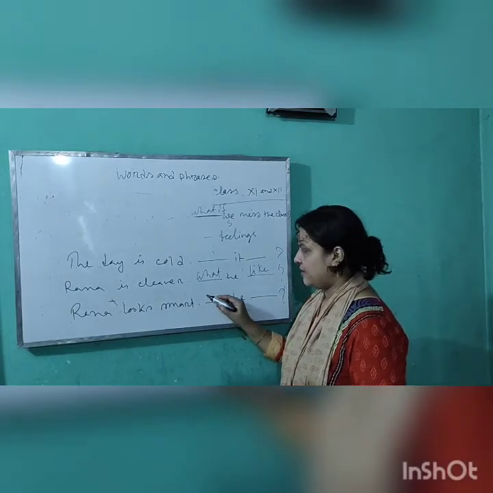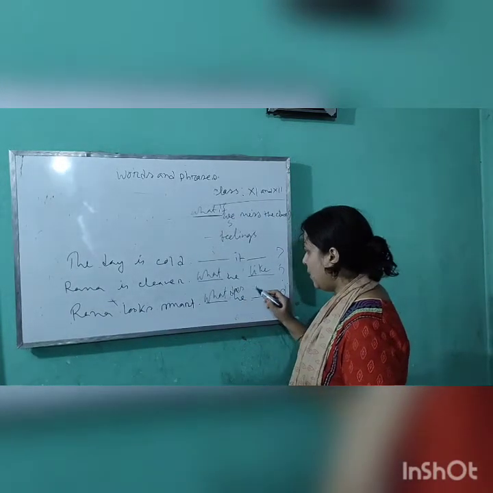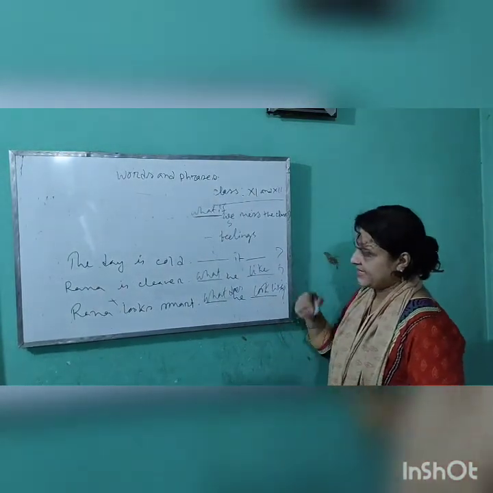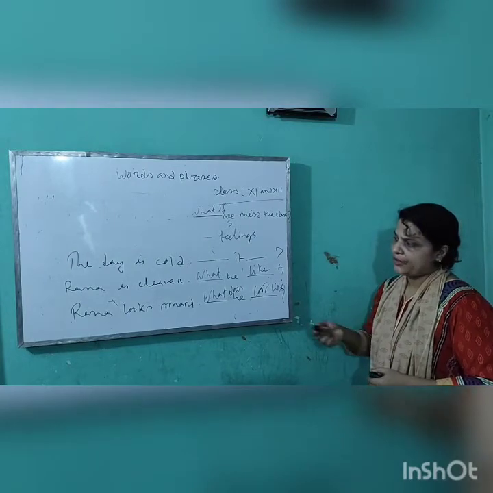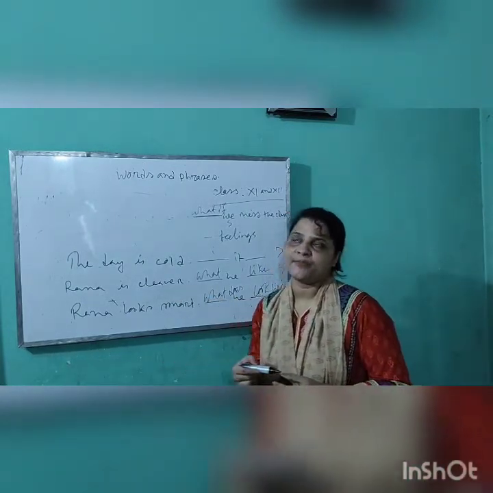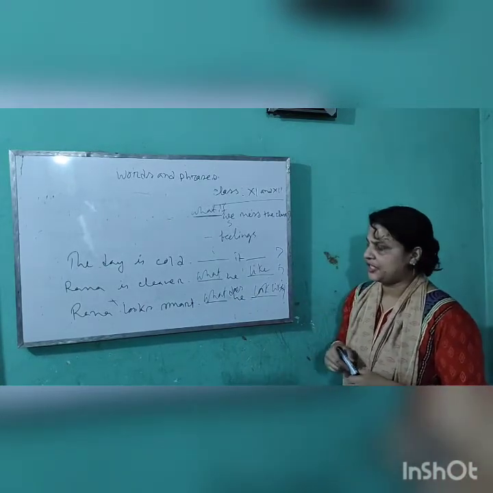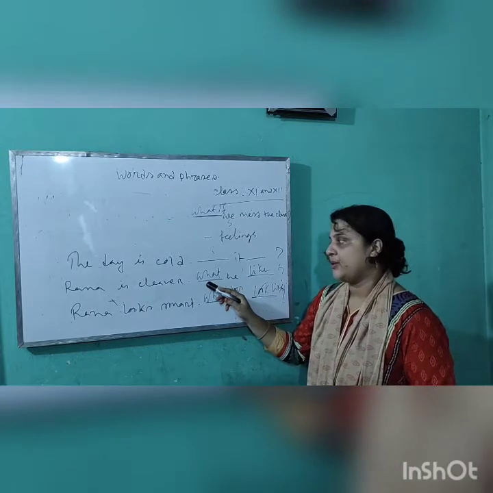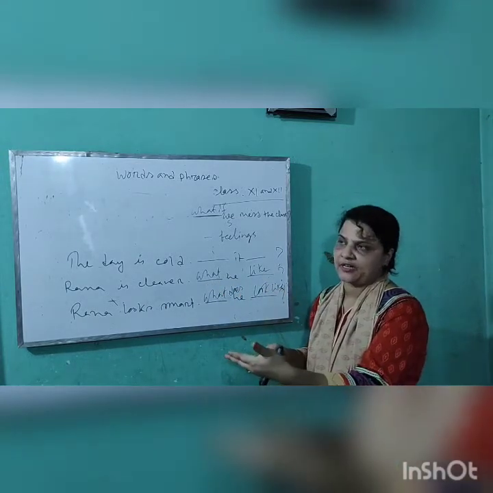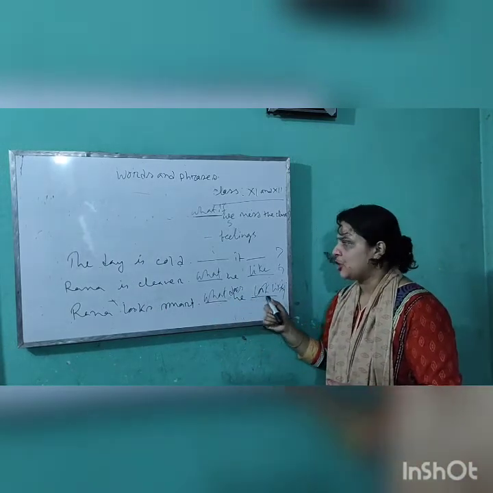Rana looks smart. What does he look like? You see, it is physical appearance. So you can use what does he look like. But he is clever. We can't judge a person whether he is clever or a fool. It's a mental condition. So in that case, you can use what is he like. But whenever you describe a physical condition or concrete thing, then you will use what does he look like.